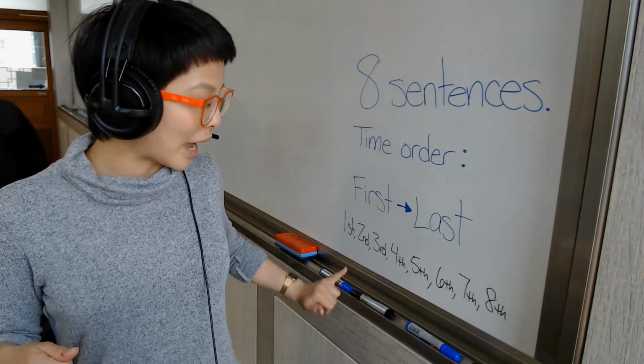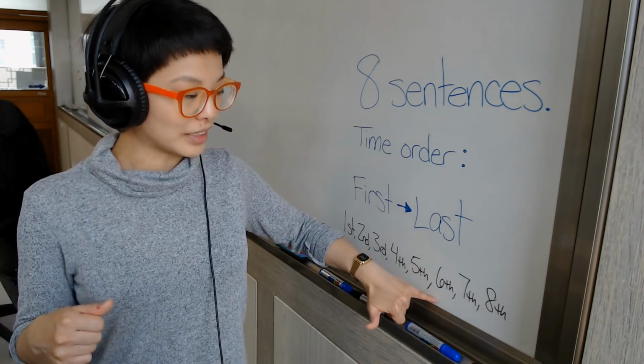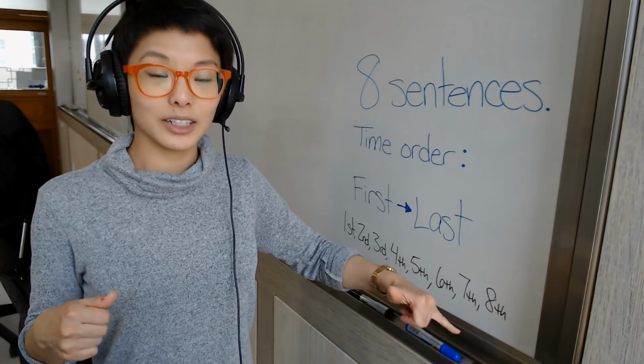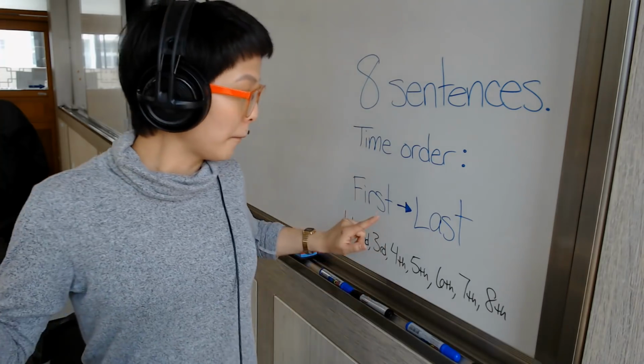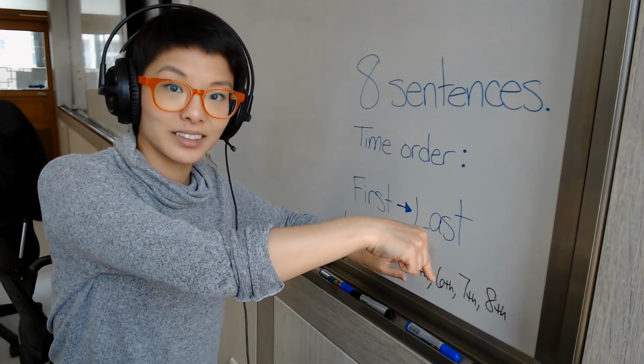Which sentence happens second, third, fourth, fifth, sixth, seventh, eighth? You will put these 8 sentences in order from first to last. Does that make sense? What happens first? What happens next? What happens next and next and next?